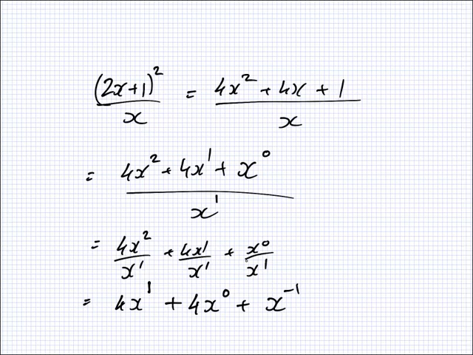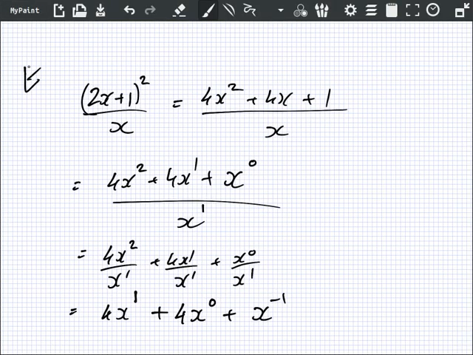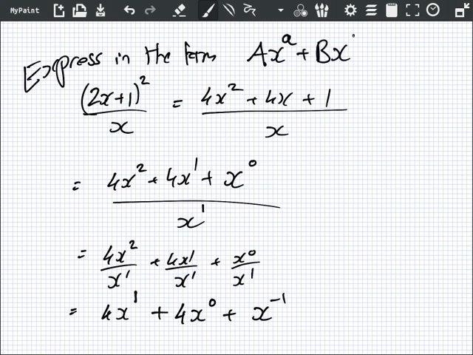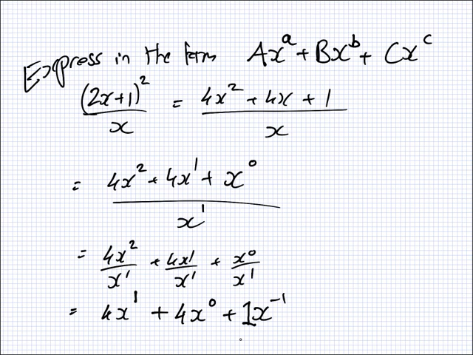You know, the exam question might say something like express in the form something like ax with a power plus bx with a power plus cx with a power. So actually what I might do is just write the number 1 here. Something like, you know, some question like this I could see in the exam. Okay, write that one down. We'll talk about graphs next. Yeah? The 1.